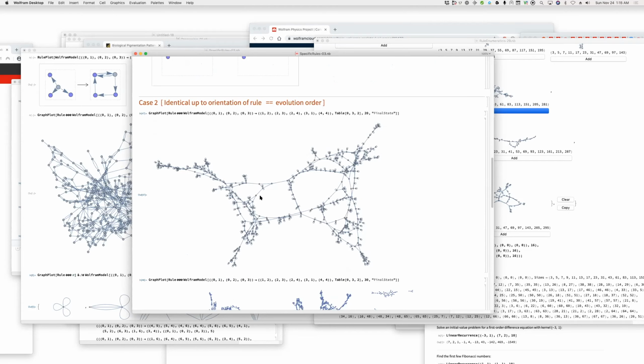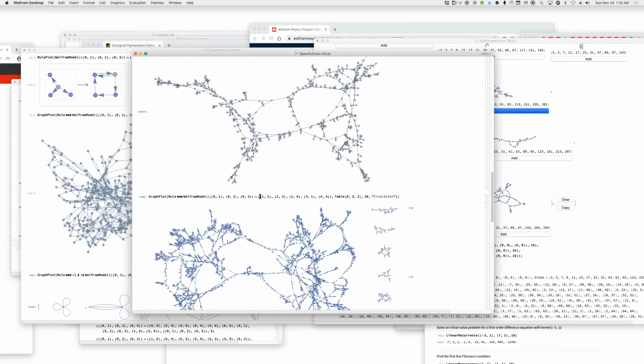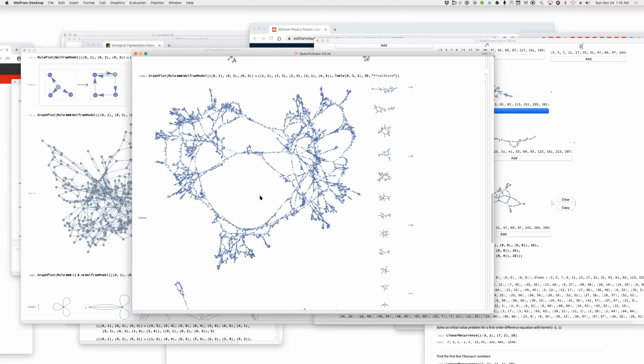That is interesting. So that shows that guy versus that guy. They're plausibly similar, actually.